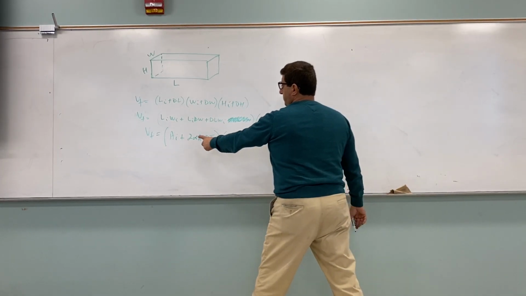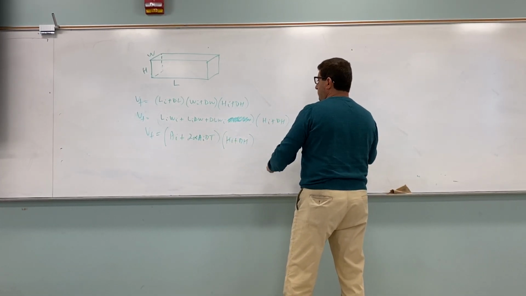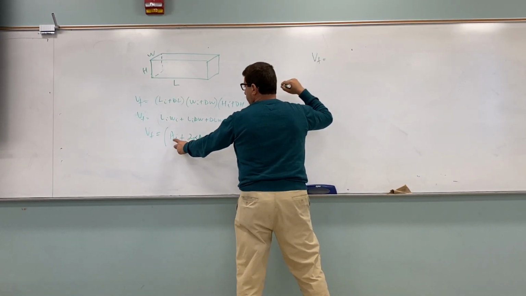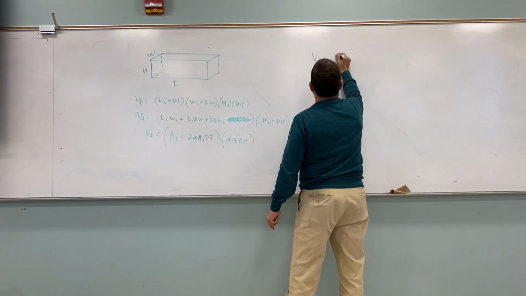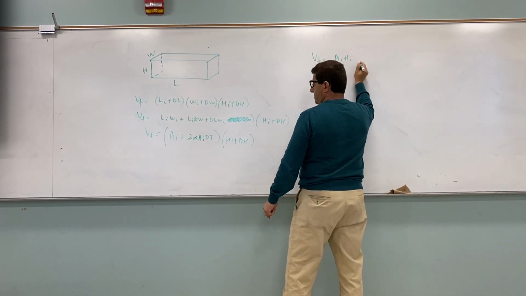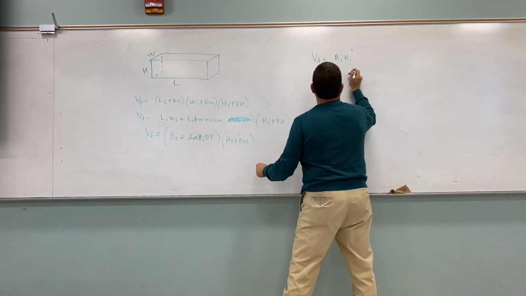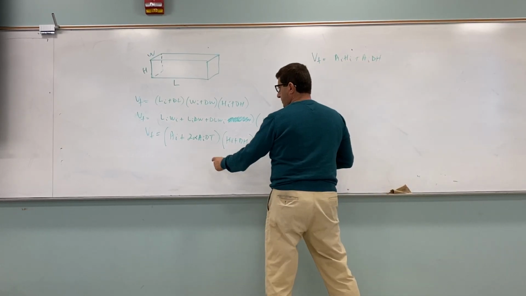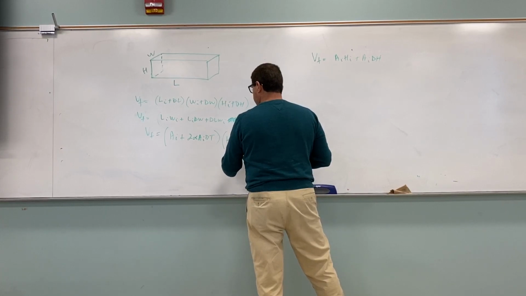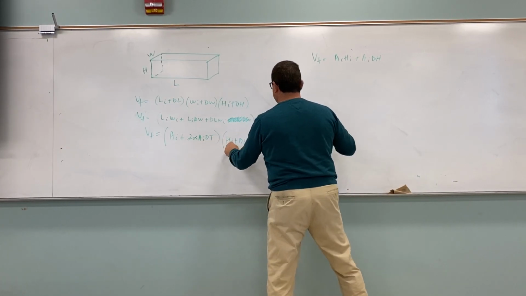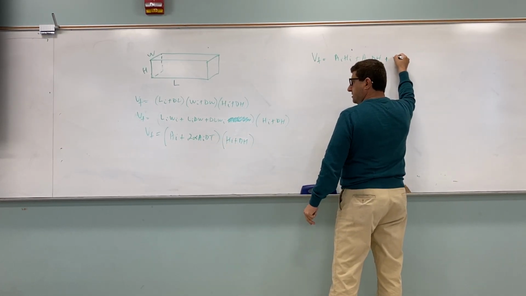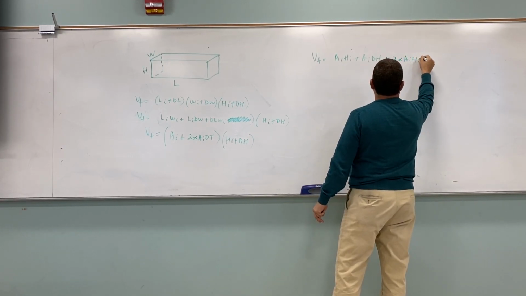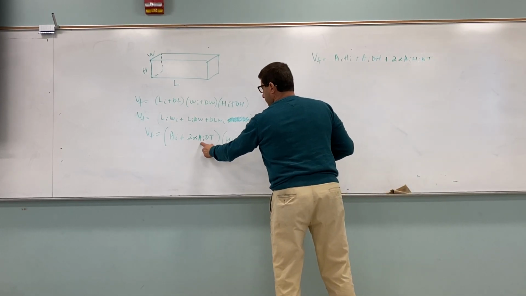Okay, now the extra step is to do this. V final is equal to A initial, H initial, and then A initial delta H, and this times this, and then this guy times this guy, plus 2 alpha A initial, H initial, delta T. Okay?